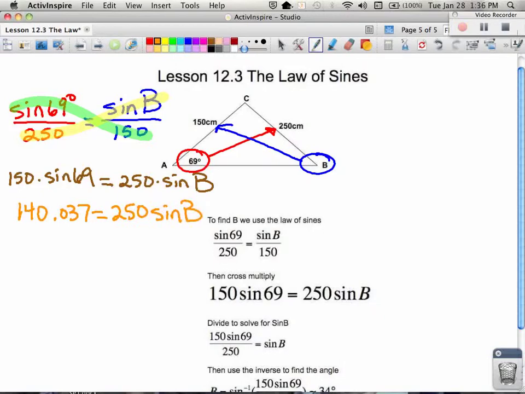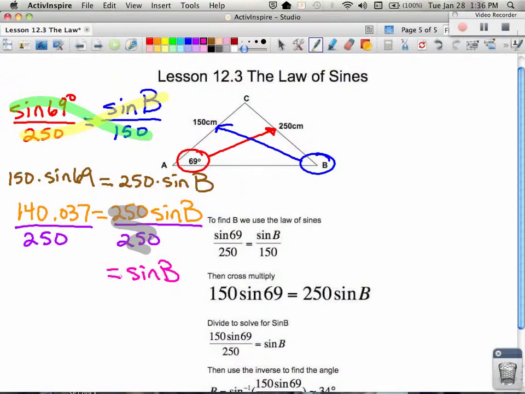But now, in order to find out what the sine of B is, I'm going to divide both sides by 250. And the reason, again, that I'm dividing by 250 is because it's being multiplied by the sine, so I want to cancel out the 250s. And when I get done dividing by 250, on the right side, all I have left is that sine of B, of course.